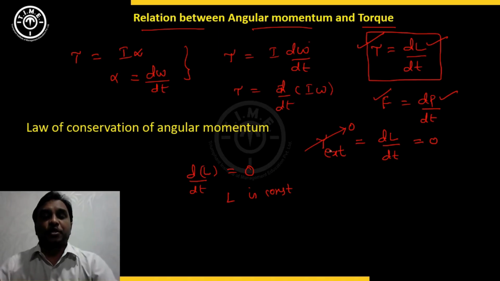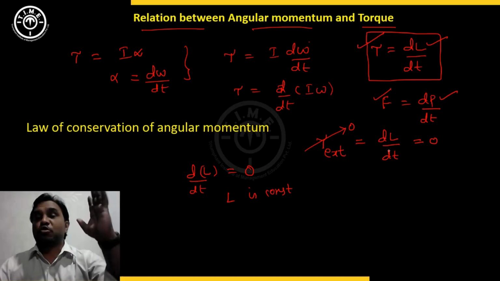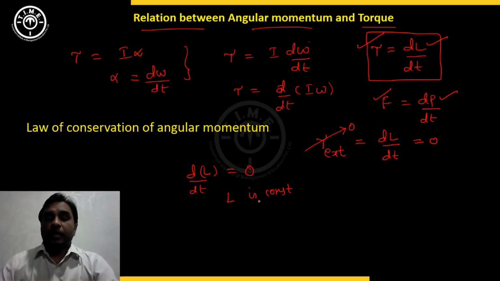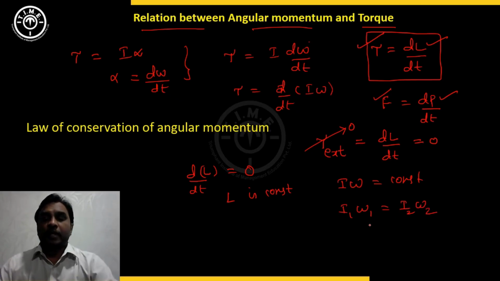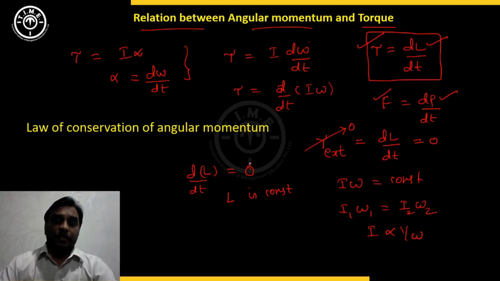In the absence of external torque, the net angular momentum of the system remains constant. So L is constant, which means I omega is constant, and you can rewrite as I1 omega 1 is equal to I2 omega 2. Then moment of inertia is inversely proportional to angular velocity.